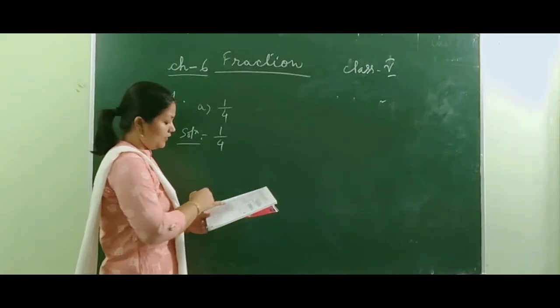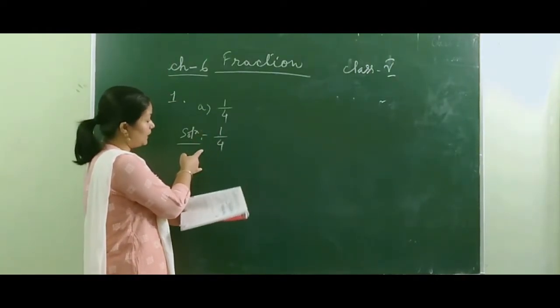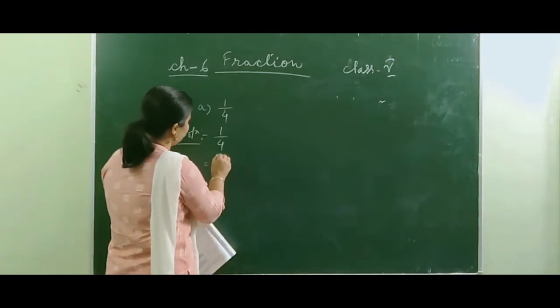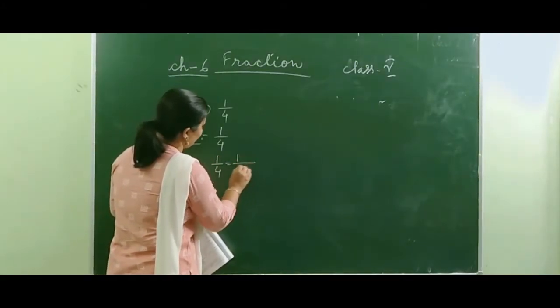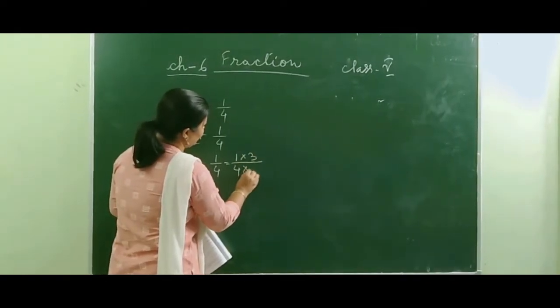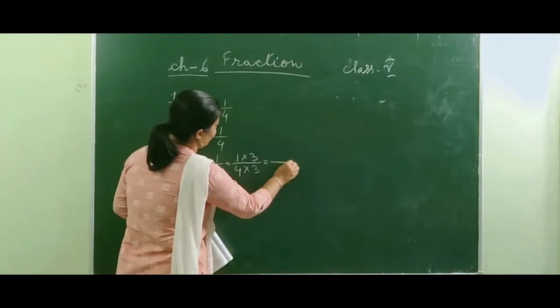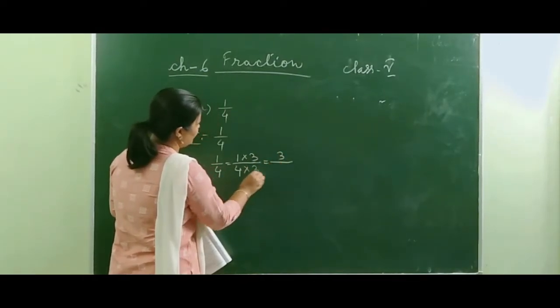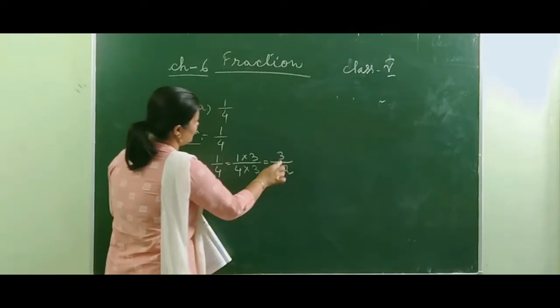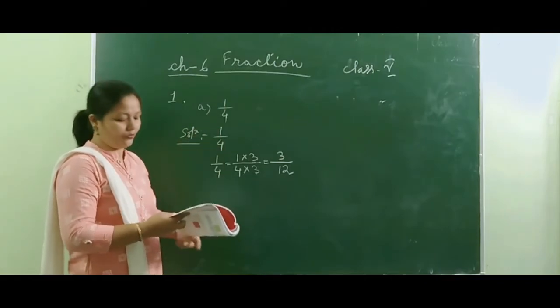We have to multiply by 3: 1 by 4 into 3 with the numerator and into 3 with the denominator. Then we'll get 1 times 3 is 3 and 4 times 3 is 12.